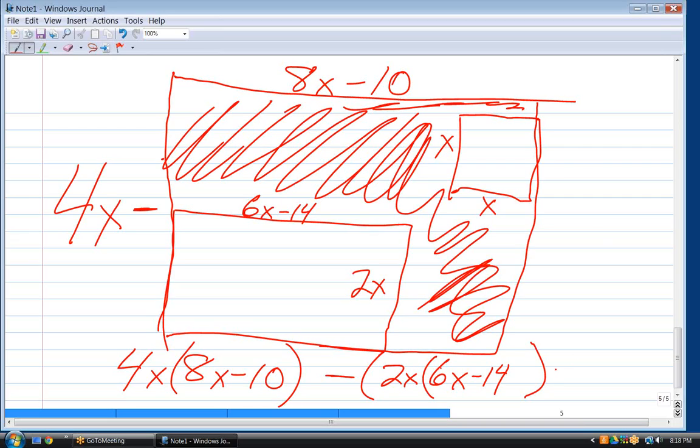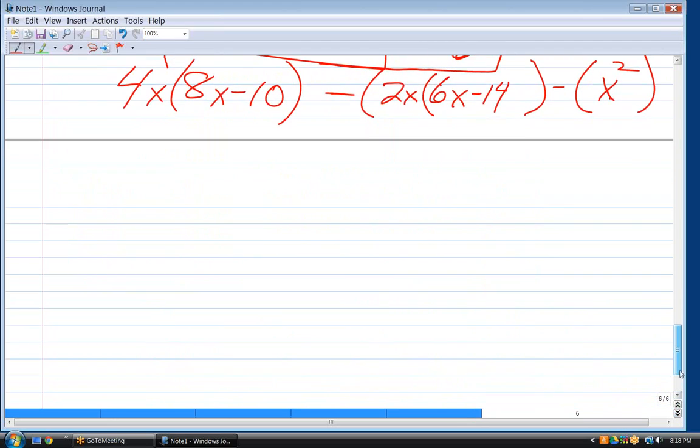And also subtract the area of the hot tub. This is going to be x times x, so x squared. That answer is your answer that needs to be simplified.